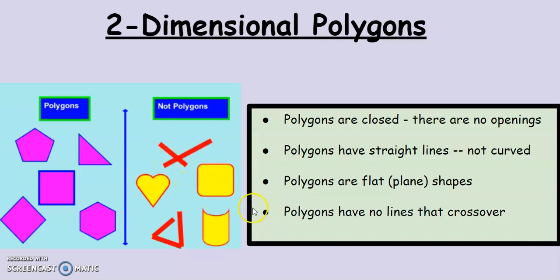In polygons, there are no crossovers. So once again, let's look at a shape and decide if it's a polygon. We have to ask ourselves four questions. Is it closed? Does it have straight lines? Is it a flat, plane shape? Does it have crossovers?